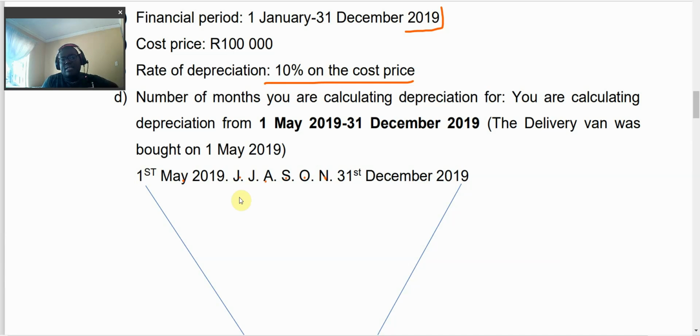So it's 8 months as they've done. Since they're saying that the delivery van was bought on the 1st of May, it will start depreciating. The first month will be May because it was bought on the 1st, and then it will be with us for the entire month. So we would have to calculate that month of May.